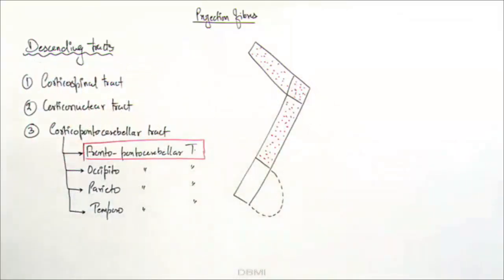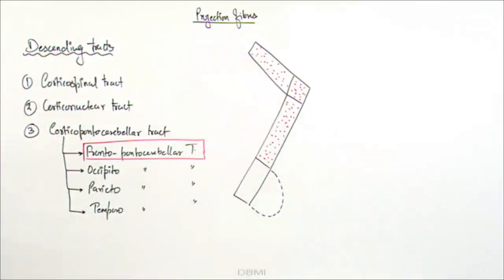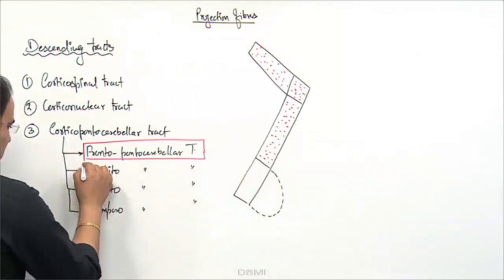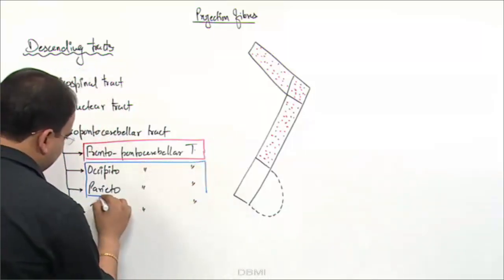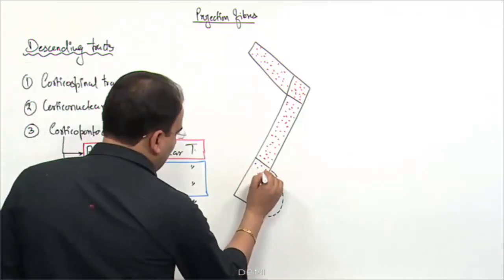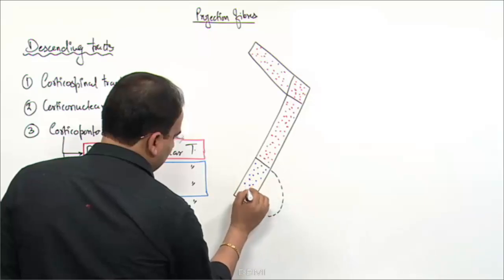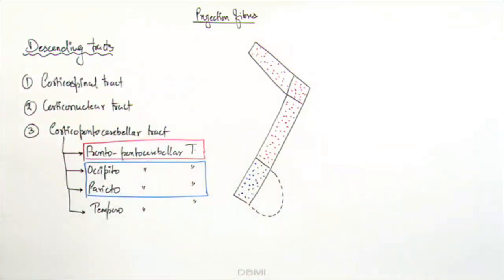So frontopontocerebellar, as you can see in the color code, is from the anterior limb, genu and the posterior limb. Occipitoponto and parietoponto, the one with the blue here, are going from the retrolentiform part.